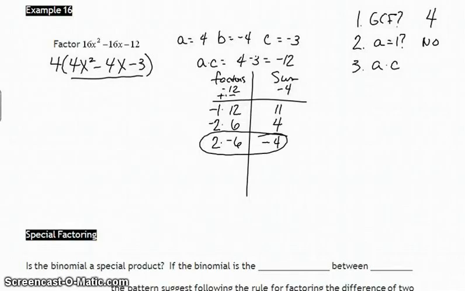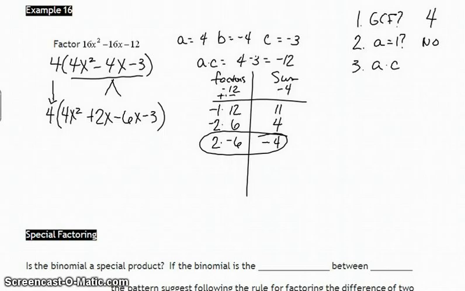So all I did was switch the signs on my factors to find the two factors that work in this situation. Next, we're going to split that center term. And when you factor out a greatest common factor, you just carry it down. So I have 4x squared plus 2x minus 6x minus 3.